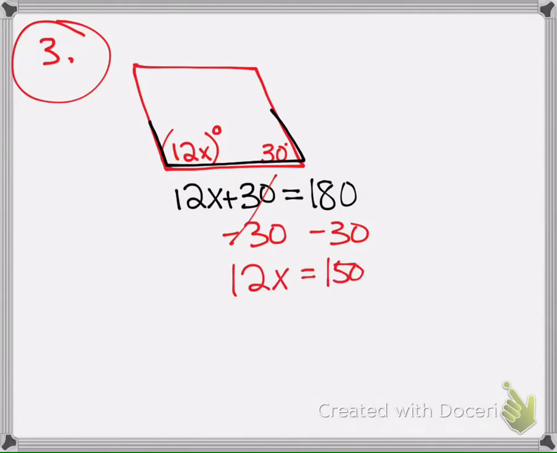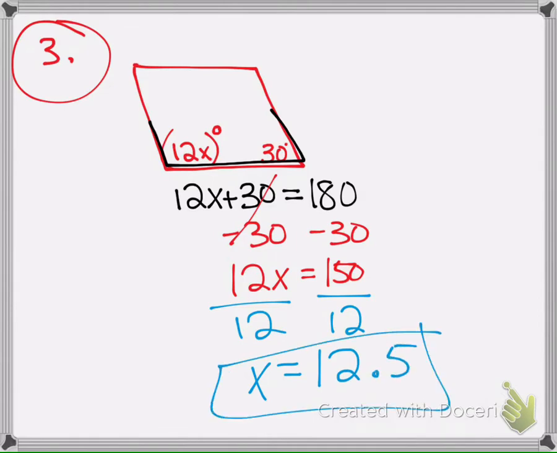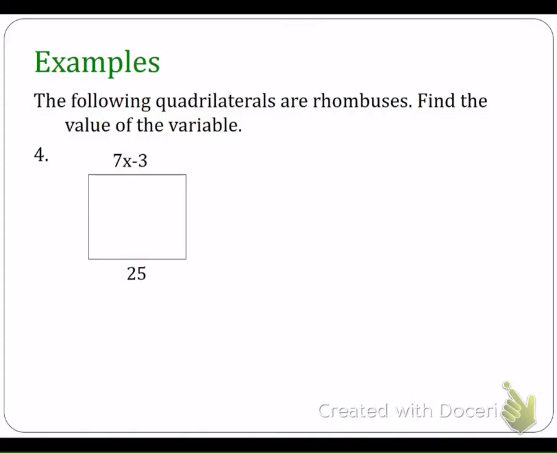All right. And we'll need a calculator on this one. We get x equals 12.5. Now, what if they would have given us this angle over here instead? Then you make them equal. Good. So across are equal. Next door add to 180. All right, so we have another rhombus.